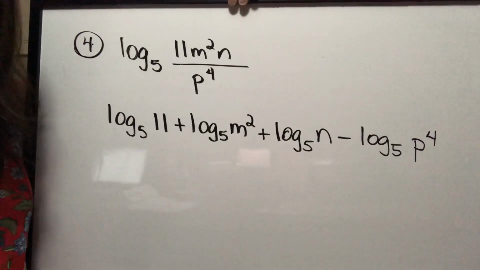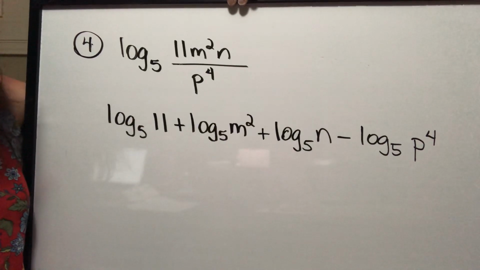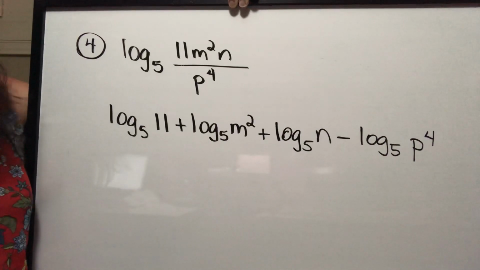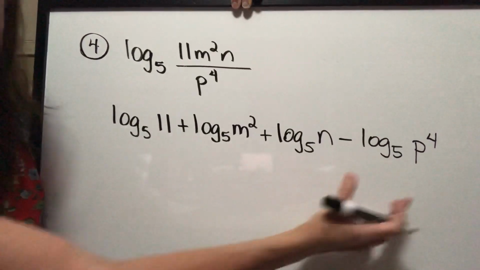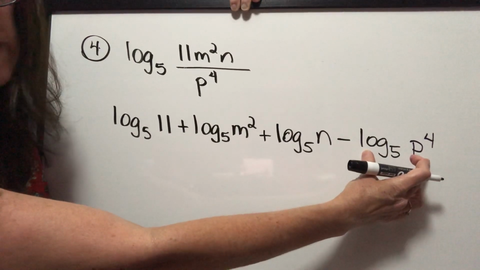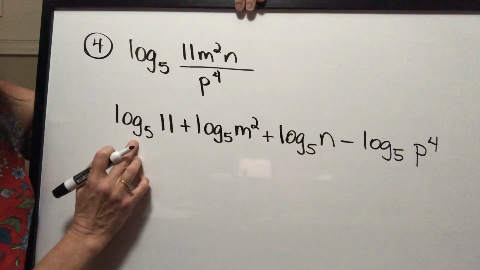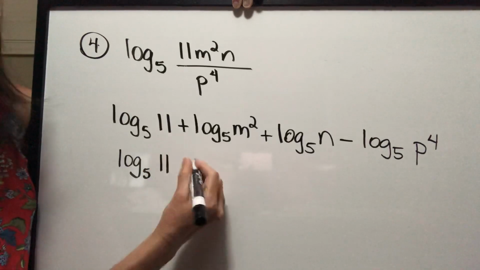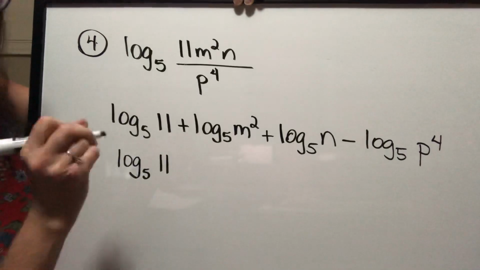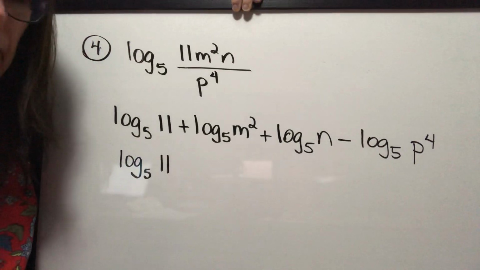Now you can go just a tad further with a couple of these, and those are the ones that contain exponents. So the m squared here and the p to the 4th down here, we're not done with those. The first one we are, so we're going to keep that one as log base 5 of 11. Okay, so the ones that have exponents, you have to also apply the power rule.